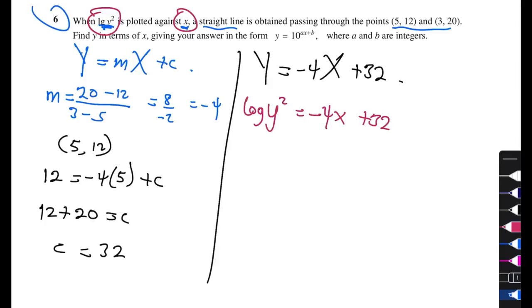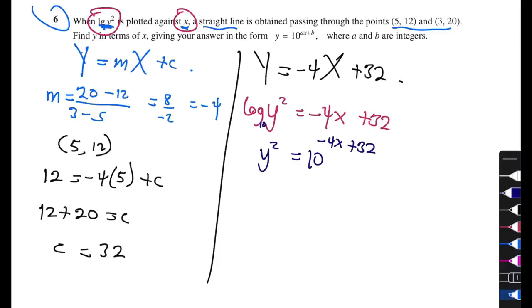So we want to make y the subject. For every log on its own like that, it means that it's base 10. So that means y square is basically 10 raised to negative 4x plus 32. I hope you know how to change from log to exponential and back, it's really important here.